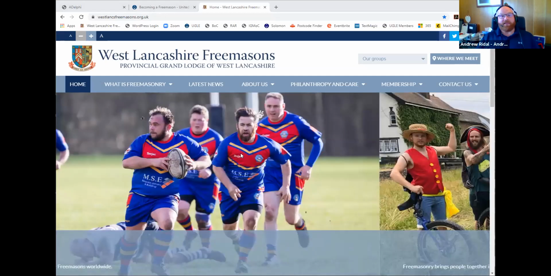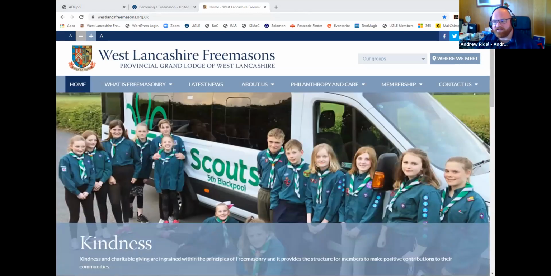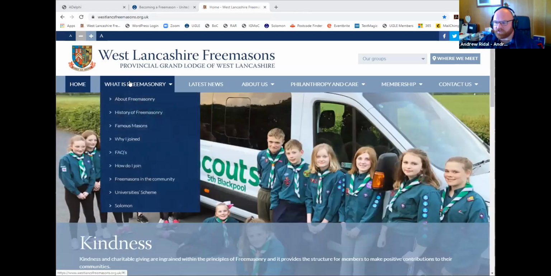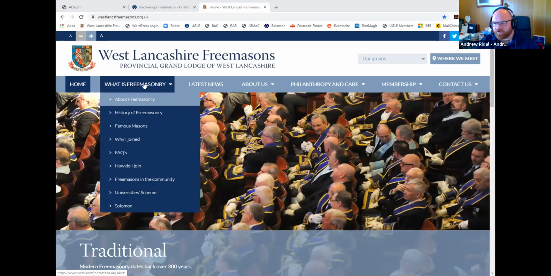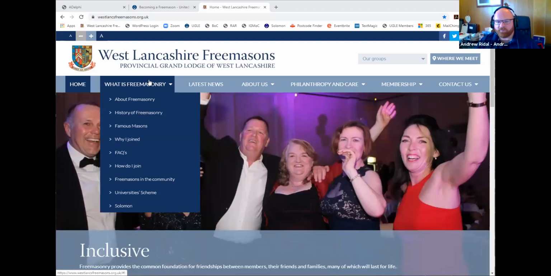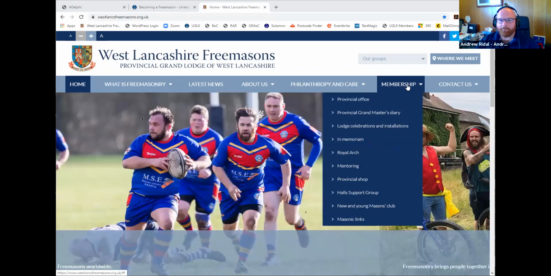We want to appeal to the general public. In terms of finding out about Freemasonry, they can look at the information on what is Freemasonry here. In terms of resources for secretaries and scribes, if you go to the membership section, the members area.